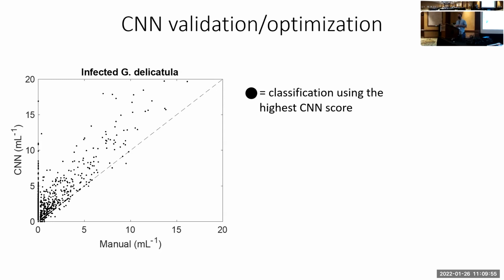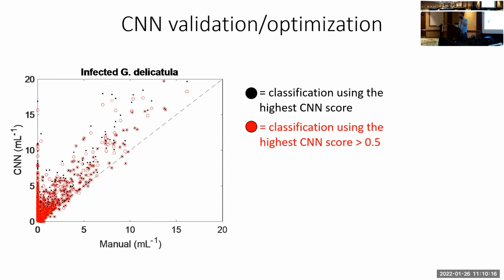If we look at how the CNN performs on quantifying infected host cells, we see some pretty substantial bias in the CNN. Again, we have the automated counts on the vertical axis against the manual on the horizontal. The CNN tends to overestimate the concentration of infected cells. So we can play around with our CNN scores a little bit to try to improve this.